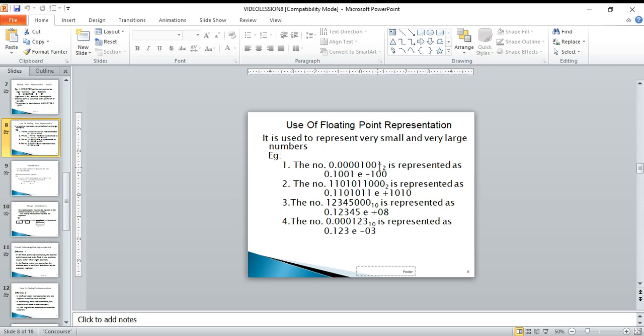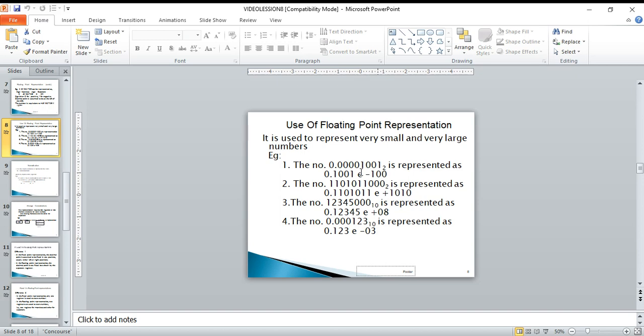This is the binary number. We want to represent this number in the floating point representation. Our syntax for the number in the floating point representation is mantissa times base to the power of exponent.